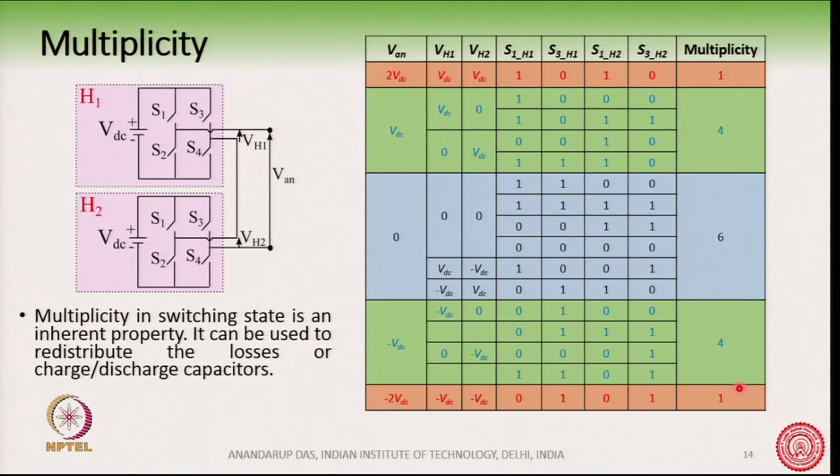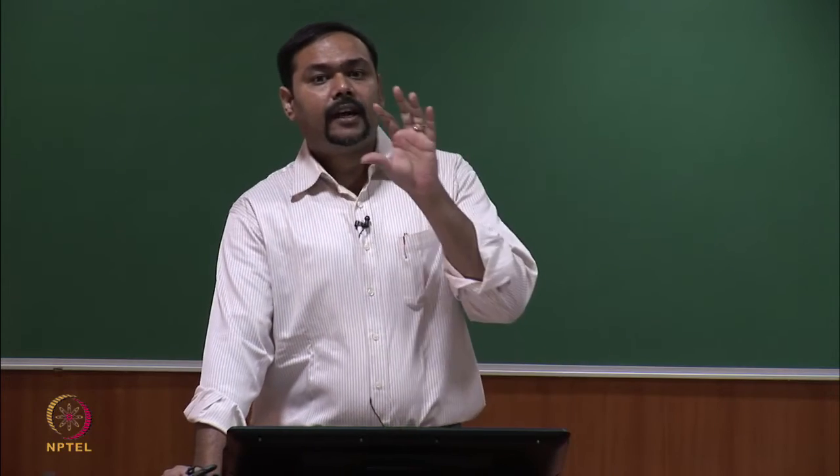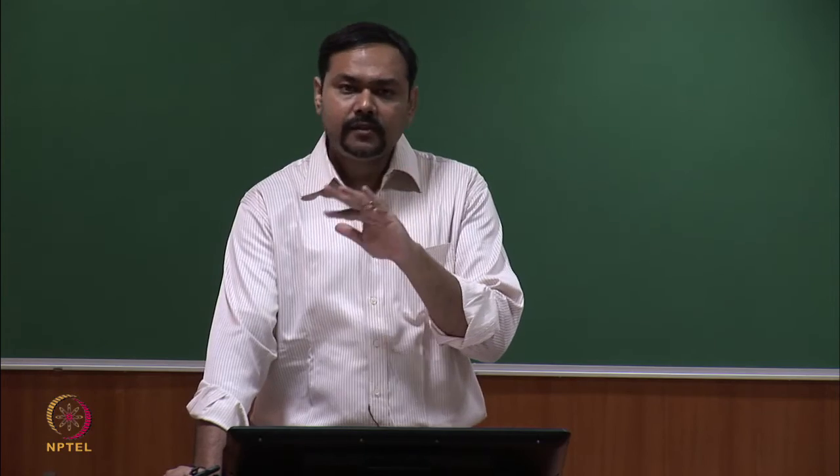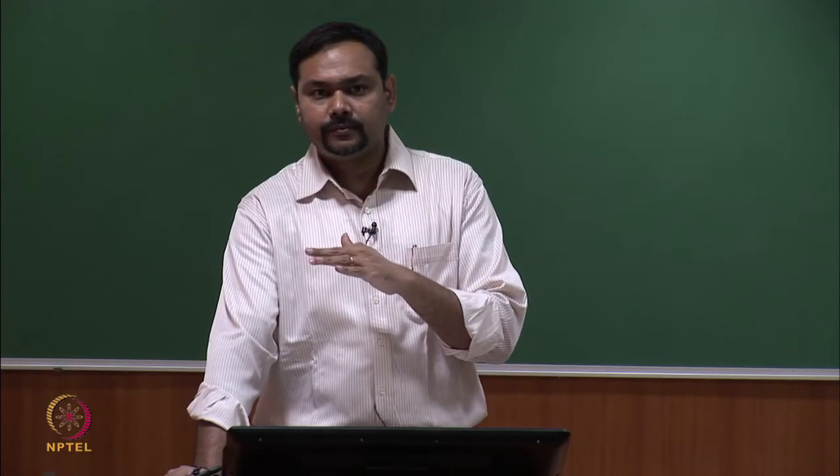Okay. For example, we are connecting this Cascaded H Bridge converter in a STATCOM application, where we are only injecting reactive power, for example, in a transmission line. Then we have capacitors, and these capacitors will continuously charge or discharge.